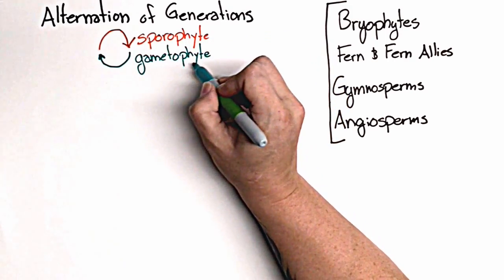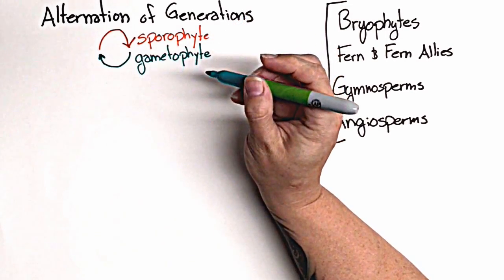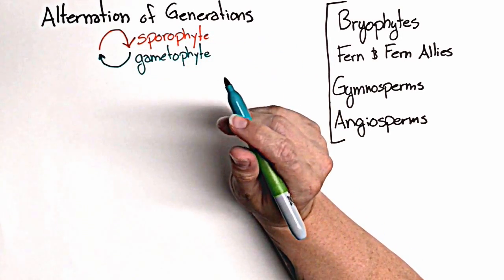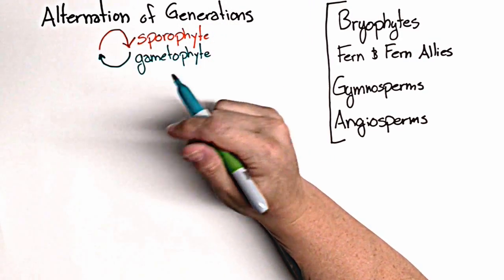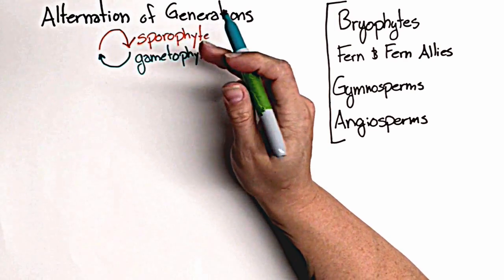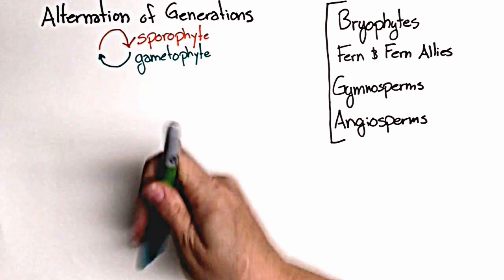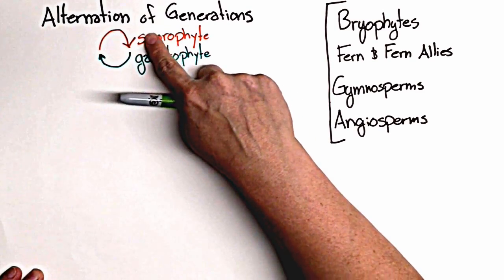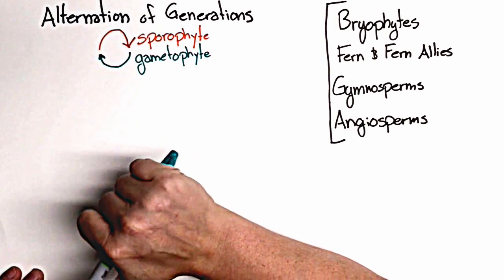Learning to break down those words is super helpful in biology, because anytime you see phyte from now on, you'll know it's referring to some sort of plant. If you see sporo somewhere, you'll know, oh, spores, or gametes for gameto. But yeah, so the gametophyte generation is going to give rise to the sporophyte generation, and the sporophyte generation is going to give rise to the gametophyte generation, okay?